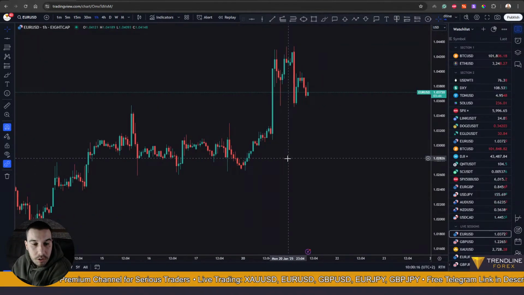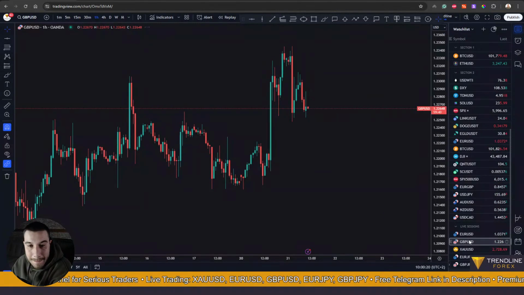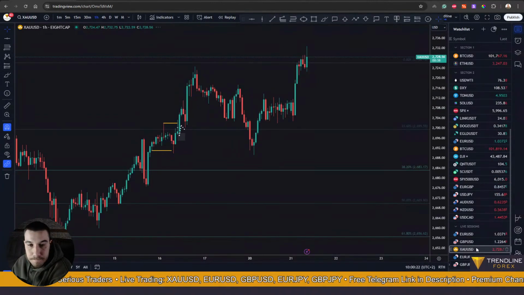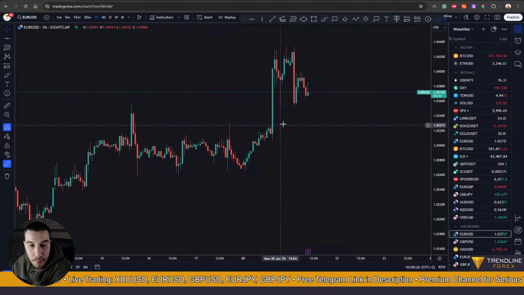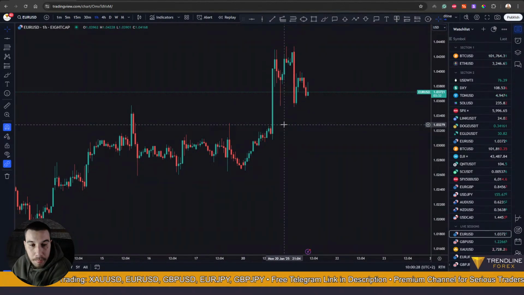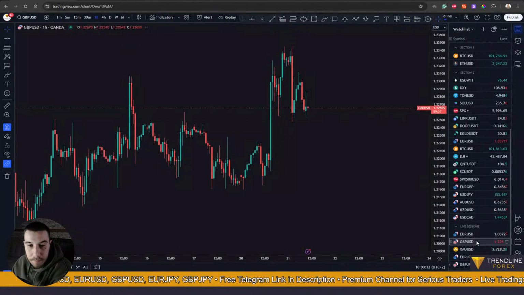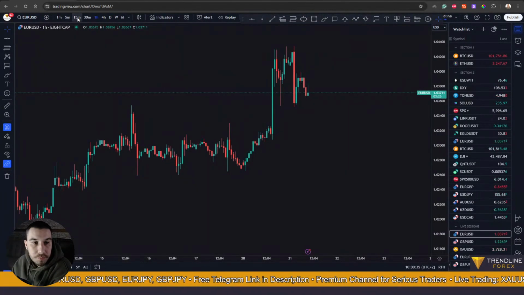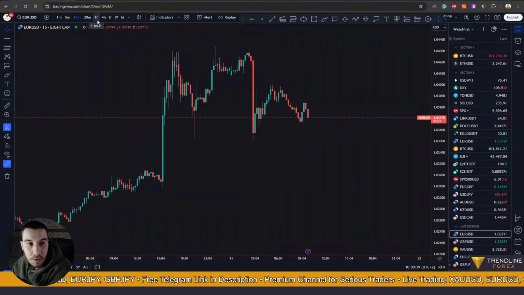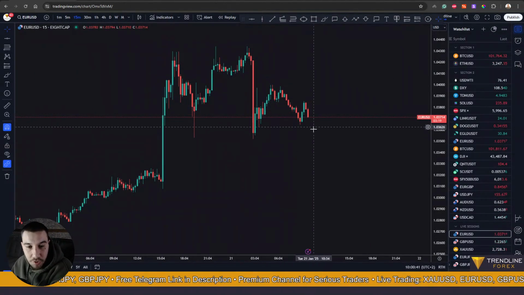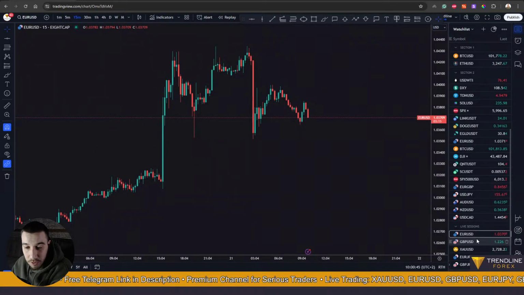So let's see how we're coming into London on the 1 hour time frame. Now, if I have to be honest, I think we may drop slightly lower before price goes back to the upside.